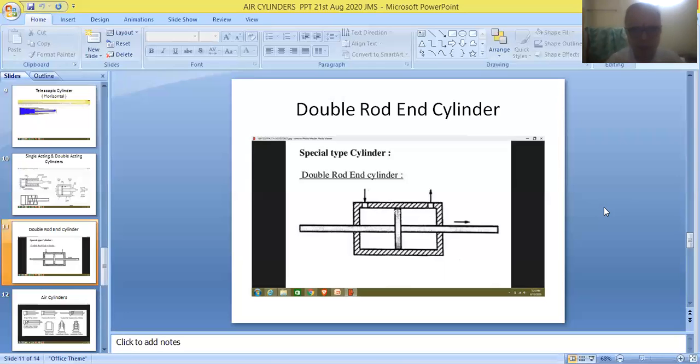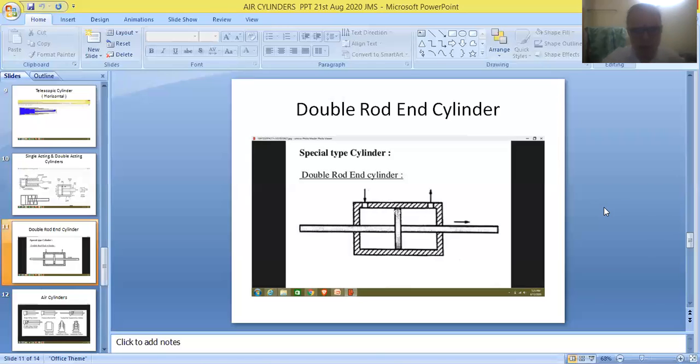So friends, unlike single and double acting cylinders, here piston rods are provided on both sides of the piston, one rod on the right hand side and another on the left hand side. So two piston rods are needed for operating duplex and tandem cylinders.